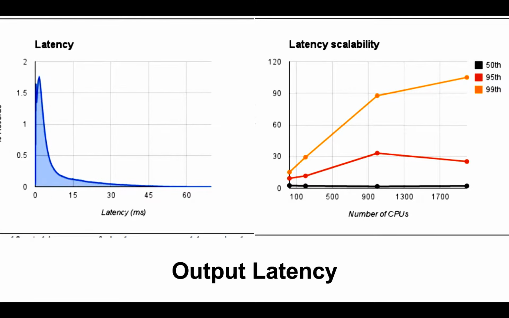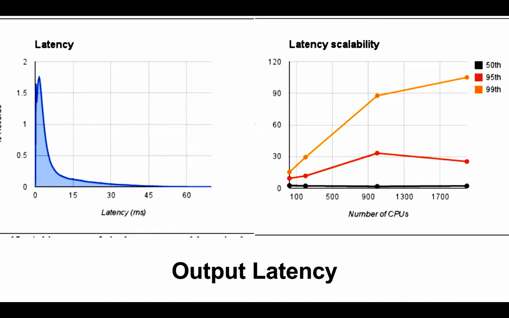Okay, so now we can see some of the results from experiments that have been run. What we see on the left is not a graph of frequency and latency, but it is a graph of the percentage for that latency.